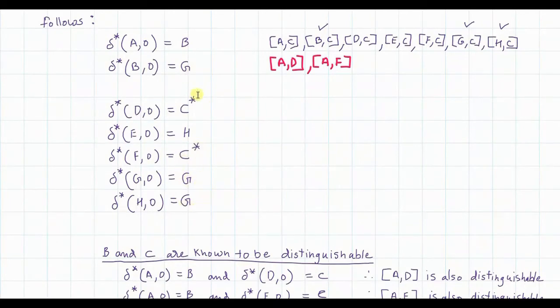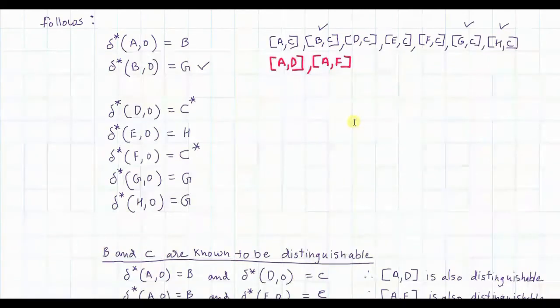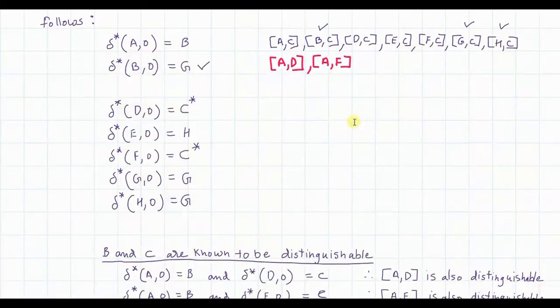Whenever G and C occur multiple times, you should take one pivot element first. Let me consider this G with all the C's. Delta star of B on 0 gives you G, and delta star of D on 0 gives you C. Since G and C are distinguishable, B and D are also distinguishable.